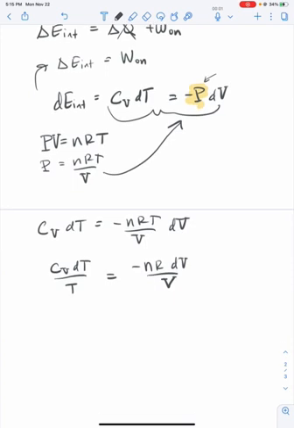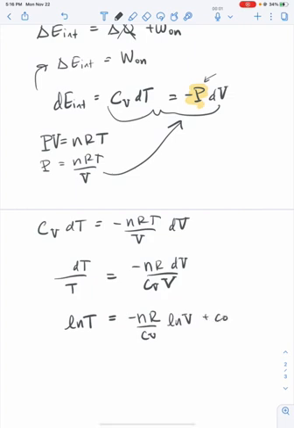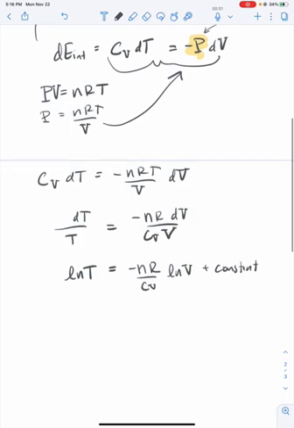And again, just to do this the same way as your book, I'm going to divide both sides by CV. So my CV moved over to this side of the equation, right? And then when I integrate this, I will get that log T is negative nR over CV log V plus some constant of integration, all right?